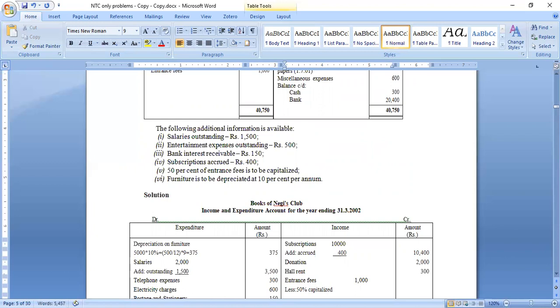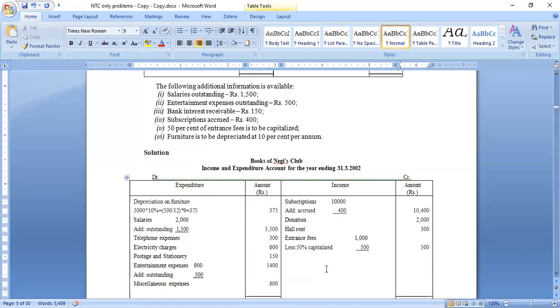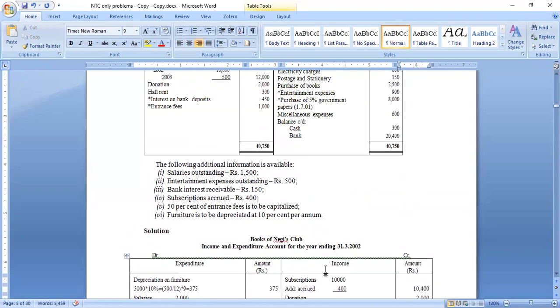So it comes to 500, and the remaining balance of 500 we should consider as revenue.